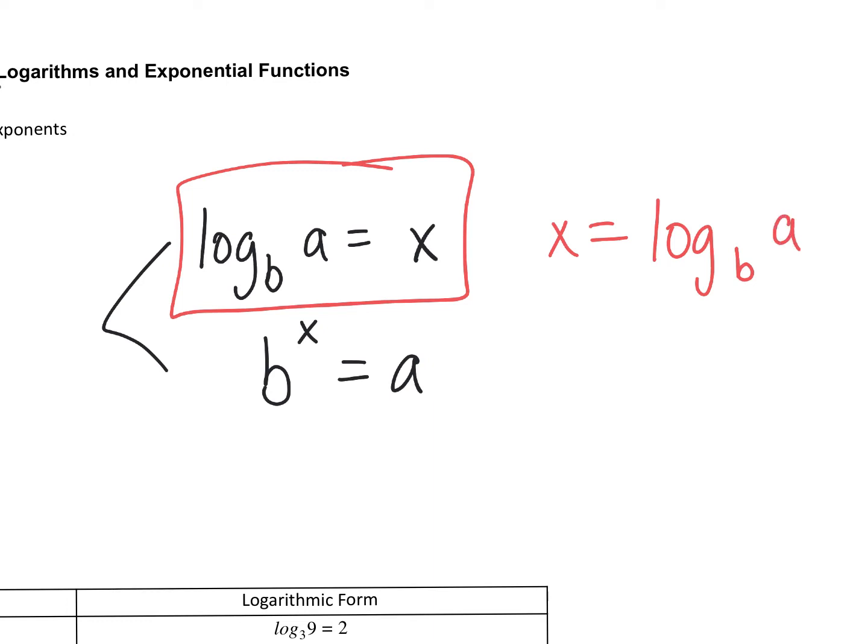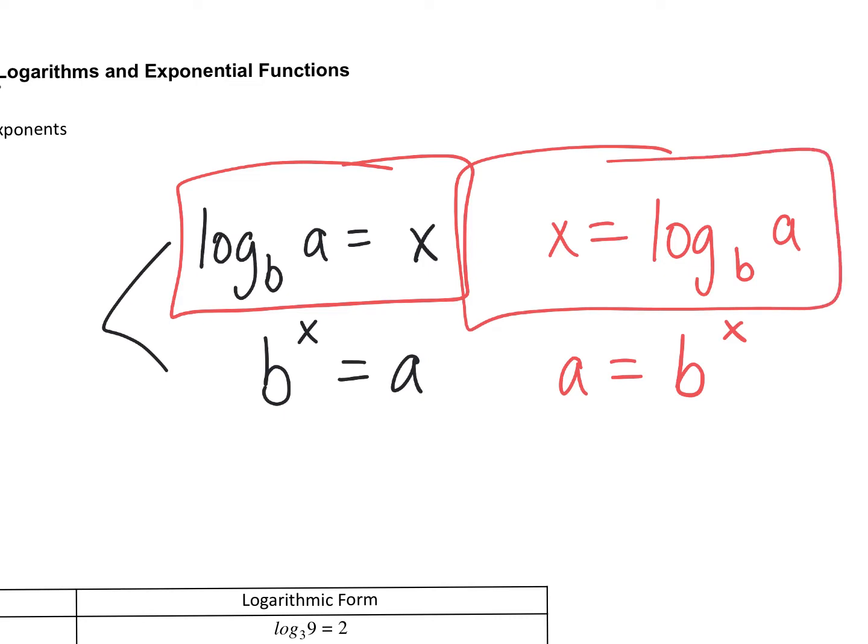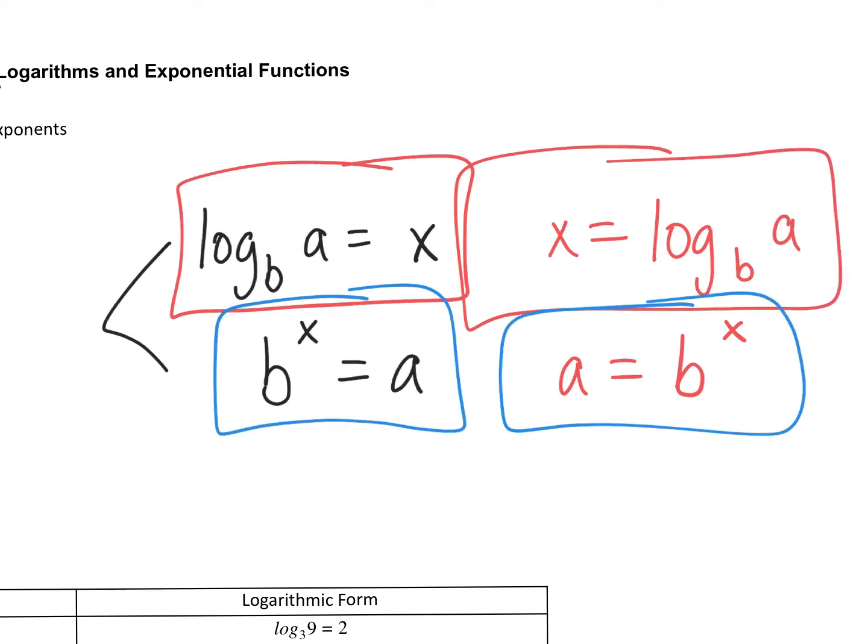Okay, I didn't change anything about that equation as far as just switching which was on which side of the equal sign, which we know we're allowed to do. 2 equals x is the same thing as x equals 2, right? I can switch the things on the side of the equal sign. Same thing here. A equals b to the power of x. It's the same thing, okay? These two equations right here are the same. These two equations right here are the same. Are we all good on that?